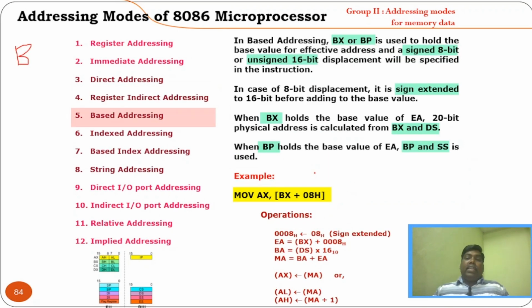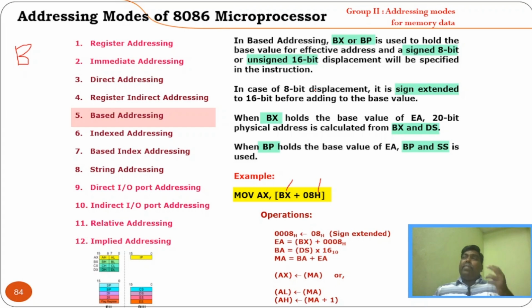Whereas in base addressing, the 8086 microprocessor has to calculate the effective address. How will it calculate? It will calculate the address based upon this particular register value as well as the given displacement value. This displacement value can be 8-bit or 16-bit, right? You can see here in base addressing, BX or BP will be holding the base value, right?